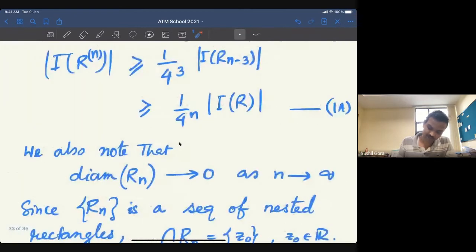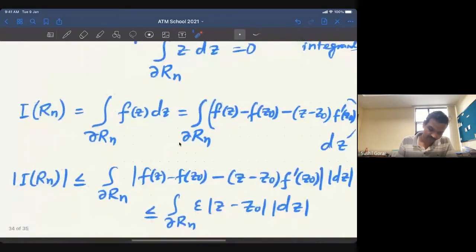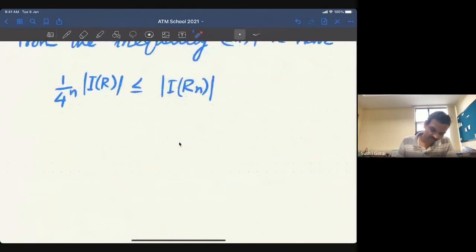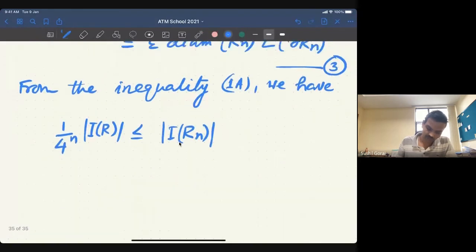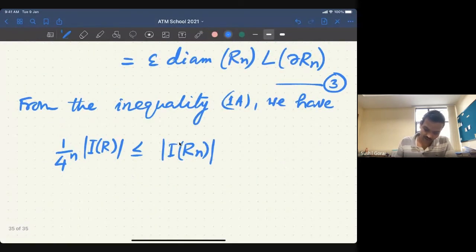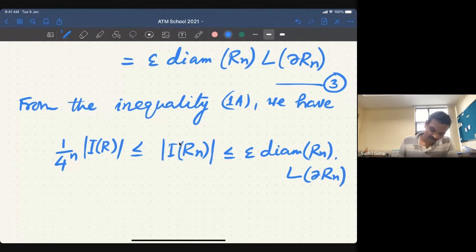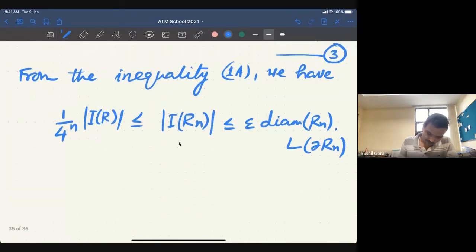Yeah, here it is. And then we use here |I_Rn| is less or equal to epsilon times diameter of Rn times length of del Rn. Now this implies, so call this 4.